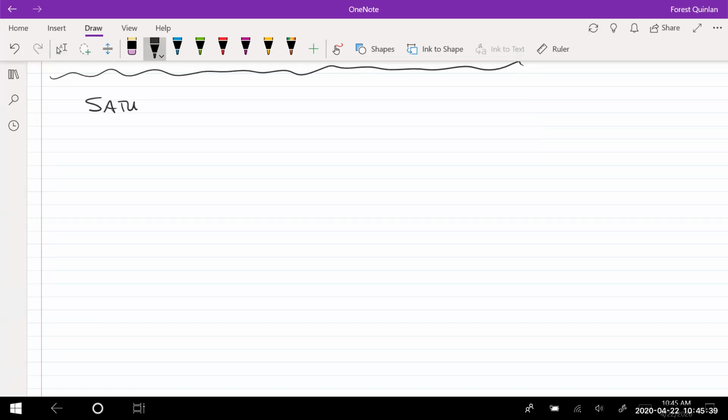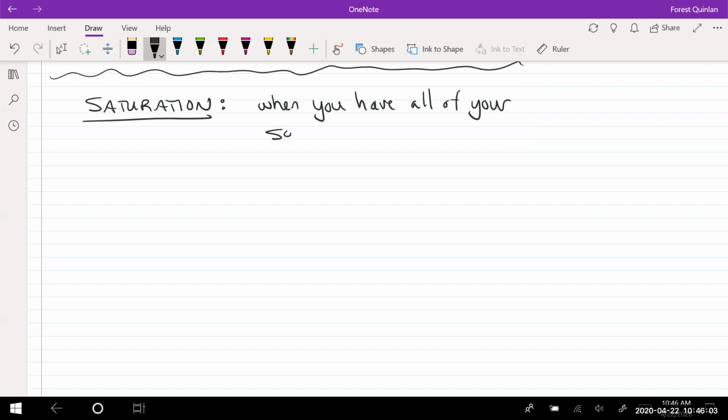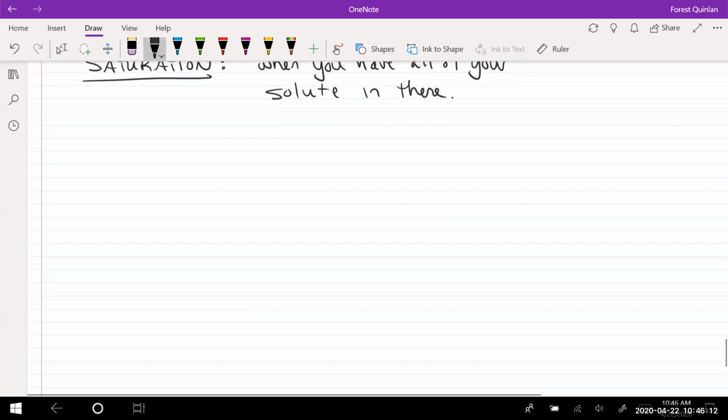Let's talk about saturation. Saturation is something that we're all familiar with, but basically, it's when you have all of your solute in there. Now, it turns out there are basically 3 classifications of being saturated.